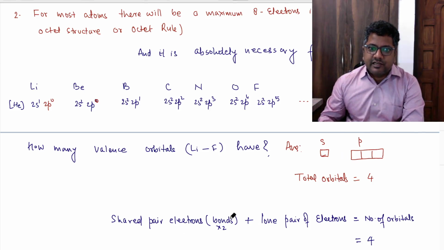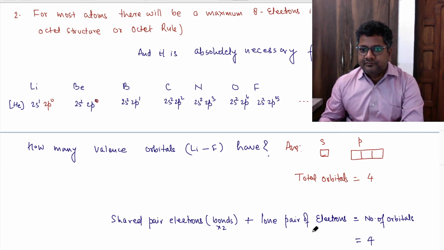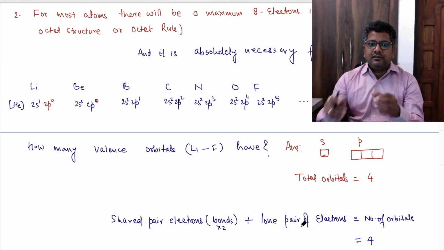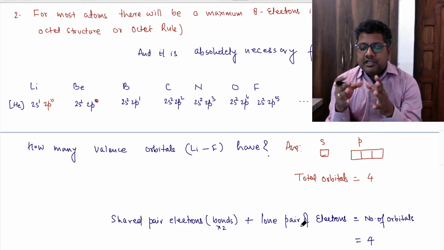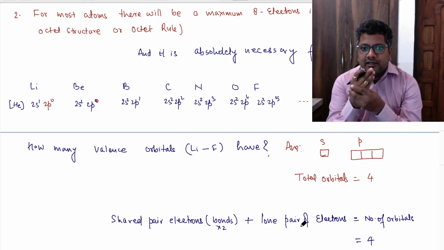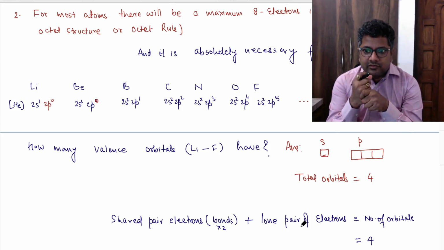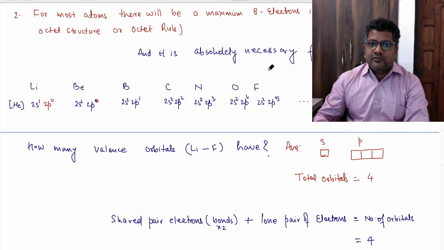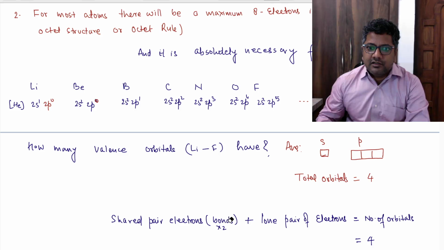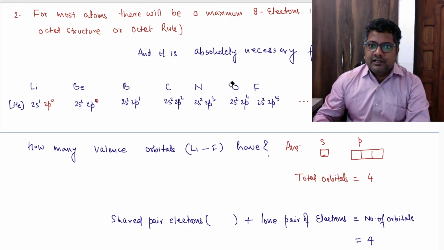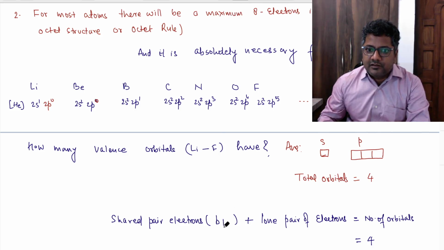So shared pair of electrons plus lone pair of electrons is equal to what, 4. To avoid confusion, I should write here bond pair of electrons, bond pair, right?